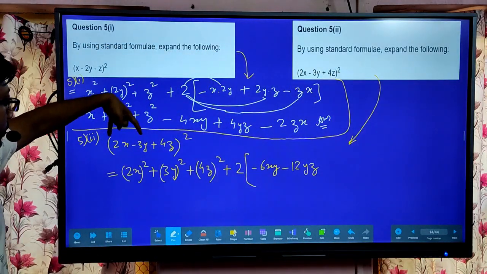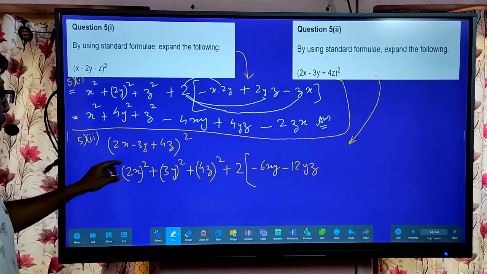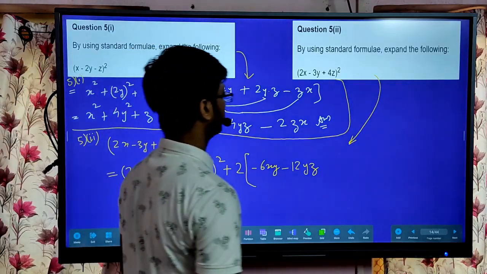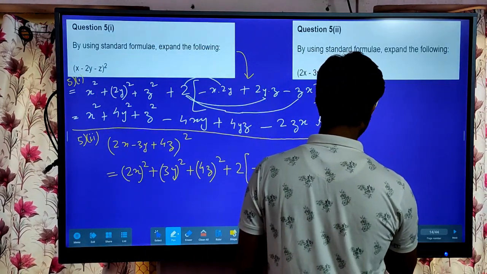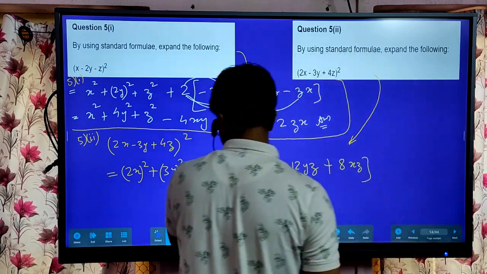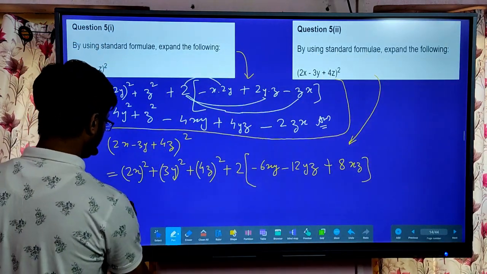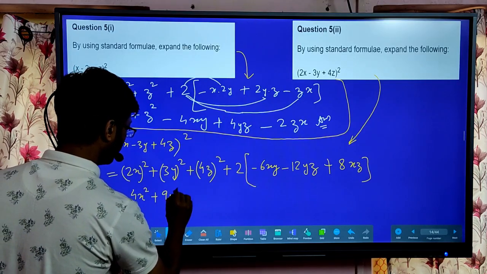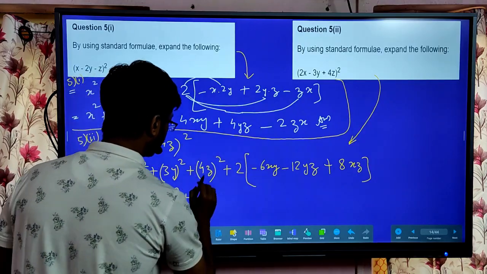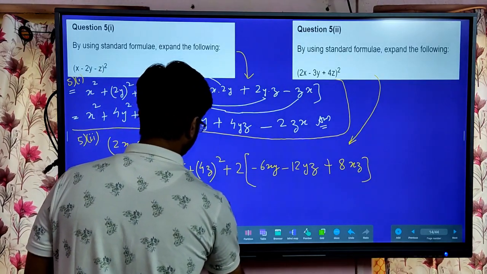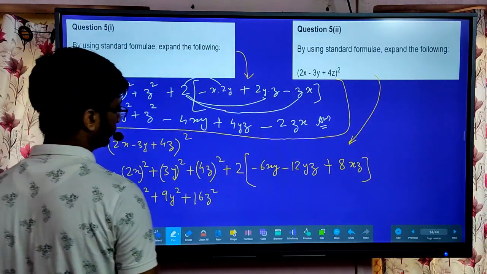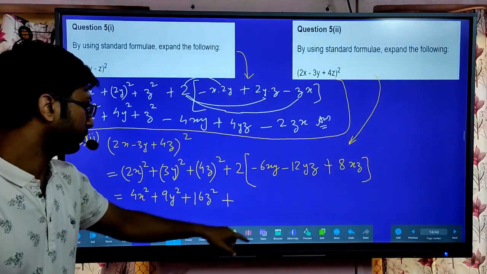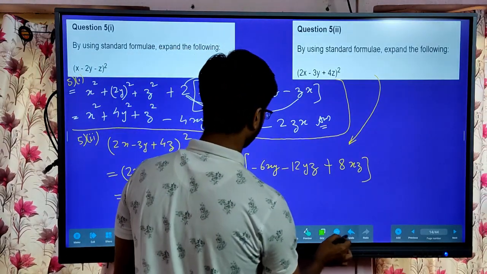And then 2x into 4z, 4 2s are 8. So it is plus into plus will be plus, so it is 8xz plus 8xz. Now you simplify and open the bracket. So it will be 4x square plus 9y square plus 16z square. Okay, 4 square is 16. So 2 into minus 6y, so it will be minus 12xy.